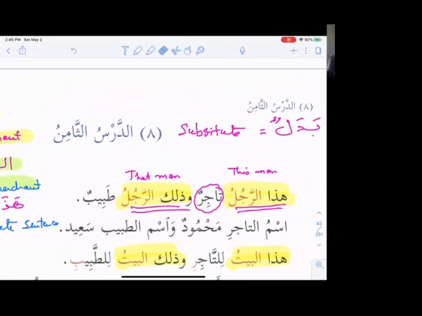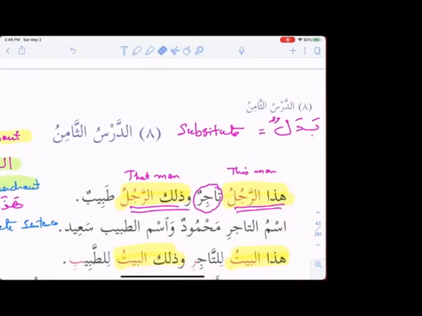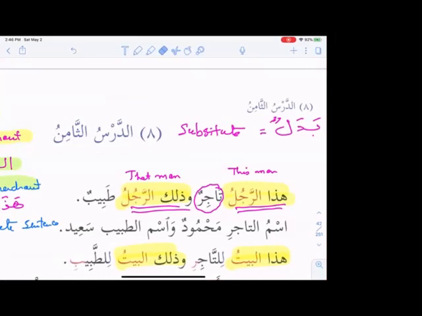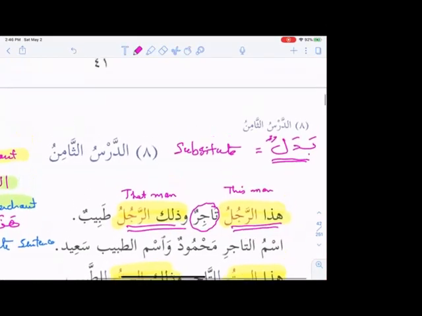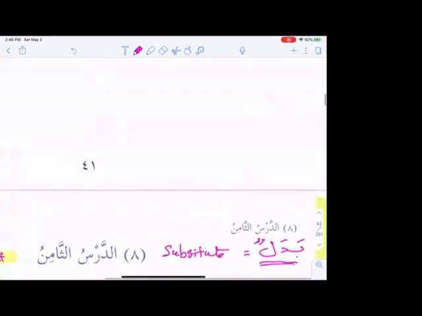And then I can say Rajulu Tajirun. That's fine. But when you combine together, then haza becomes mubtada. Listen carefully. Ar-rajulu becomes badal. What is it? Substitute for haza.